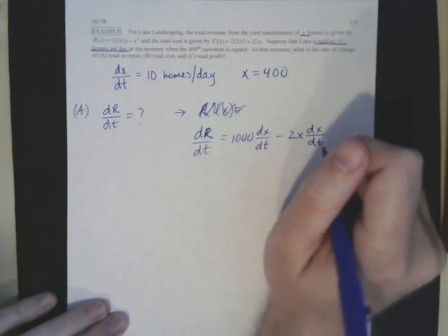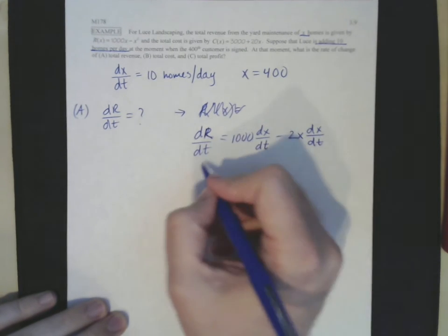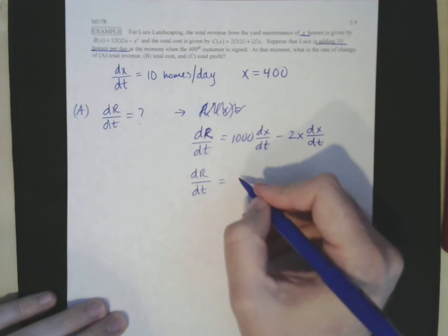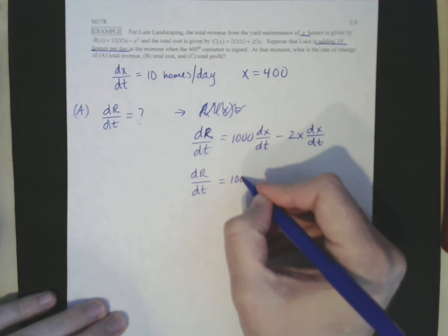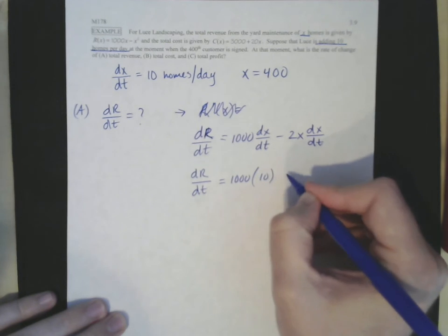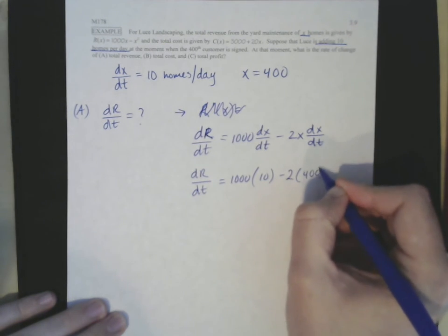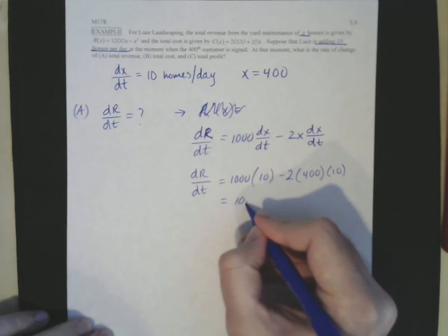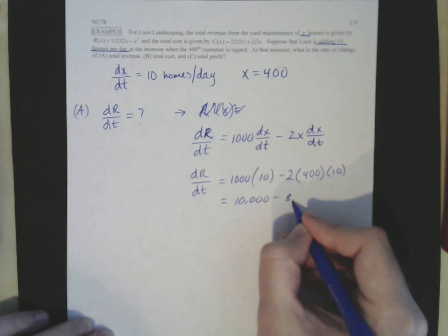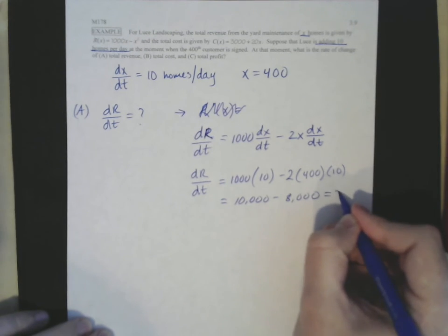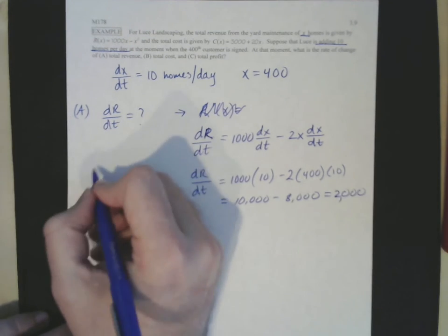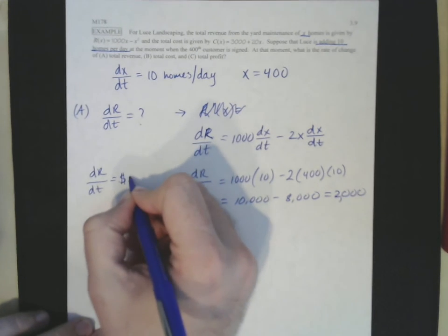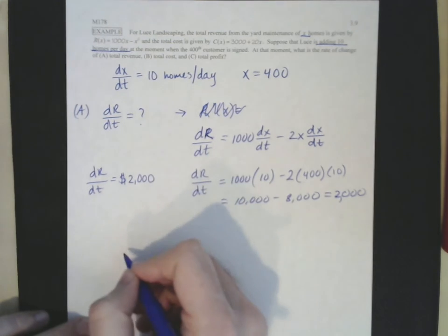Now that we have this, we plug in our values that we know. So dr dt would be 1000 times 10 minus 2 times 400 times 10. Should be 10,000 minus 8,000, or 2,000. And since this is revenue, dr dt is $2,000. And this would be per home.